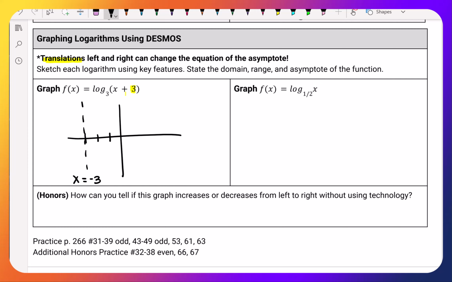And I'm going to say that it hits here on the x-axis at -2, and it hits on the y-axis at 1, and then I'm going to show its basic shape right here. There we go. That's all you have to do. And if you want to go ahead and just take it a step further and write down the domain, it's going to be greater than -3 this time because it shifted to the left. And then your range is still going to be all real numbers.